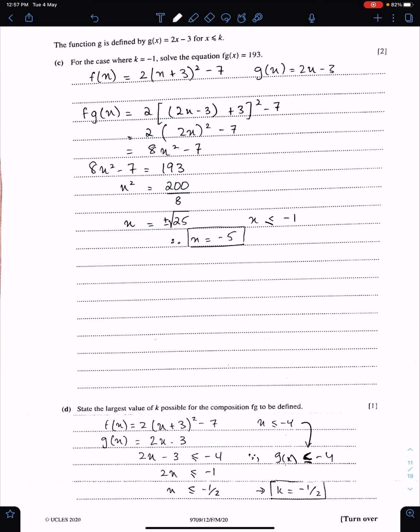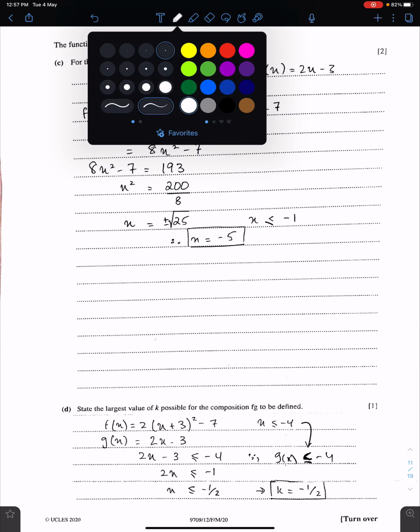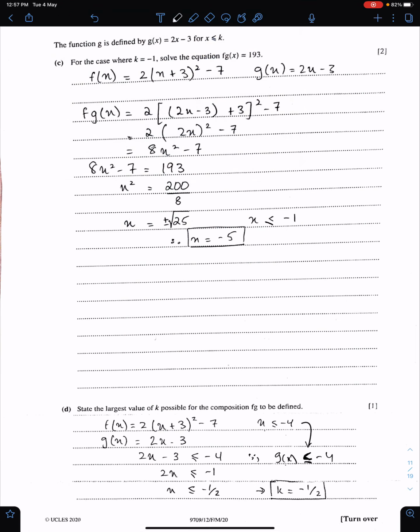See, according to composite function rule, you need to replace the domain of f by the range of g. When you do this, you will get the value of x, minus half. It's here. This is g. And x is less than or equal to minus half. Since x is less than or equal to k, therefore k is minus half.